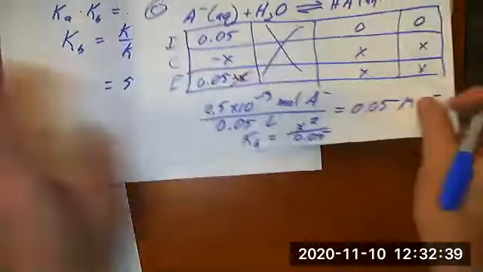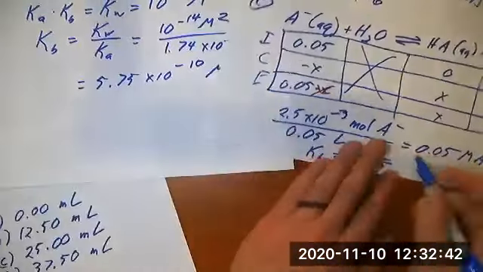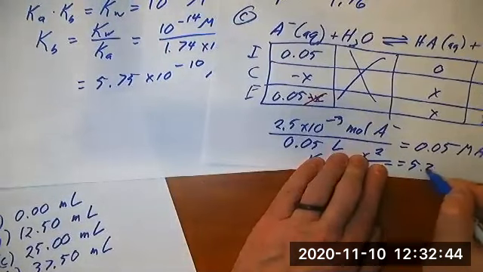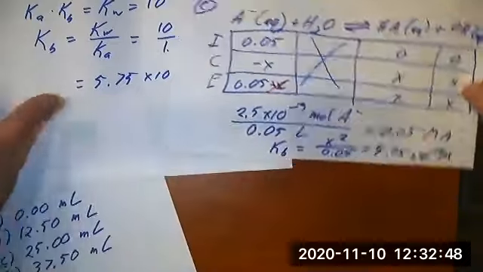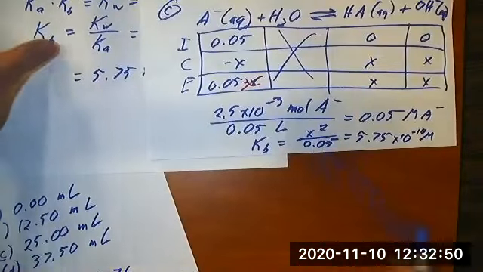So we put that over here, 5.75 times 10 to the negative 10 molar, and we solve for x.